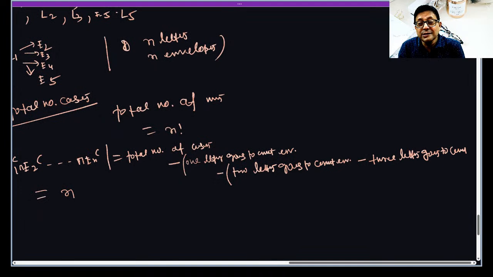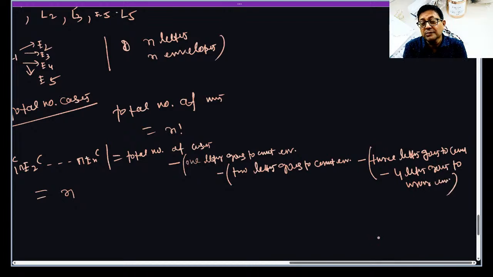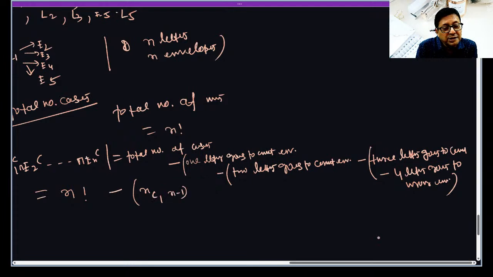But again bracket, here you have to exclude the case when four letters go to the wrong envelope. So total number of cases is factorial n. One letter correct means that one is correct, but others are incorrect. So the others' arrangement will be like this.